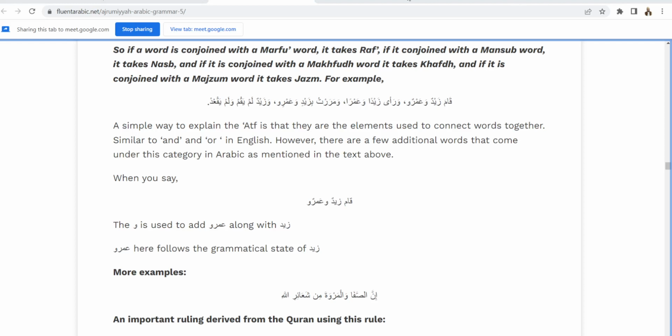When you say قام زيد وعمر, the waw is used to add Amr along with Zayd. Amr here follows the grammatical state of Zayd. More examples: إن الصفا والمروة من شعائر الله. An important ruling derived from the Quran using this rule.